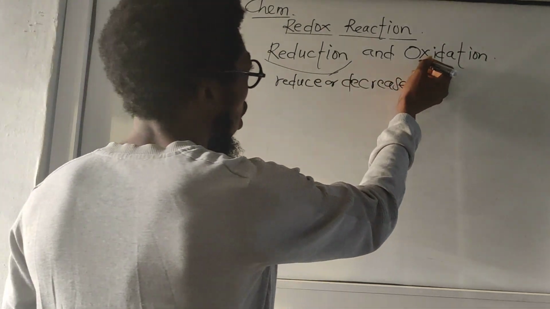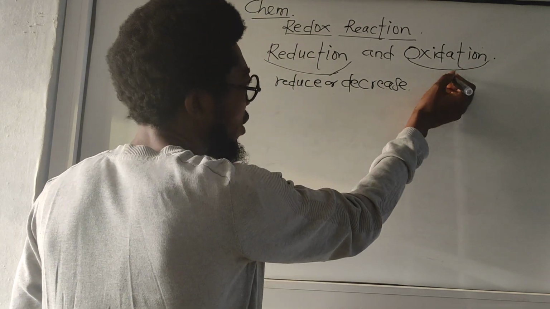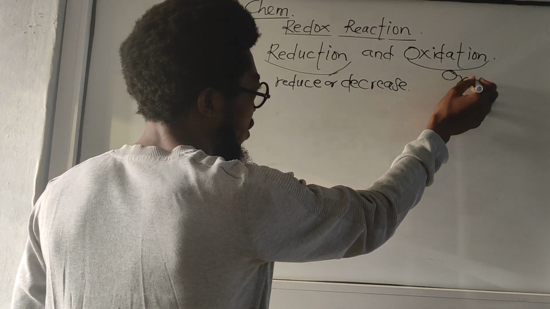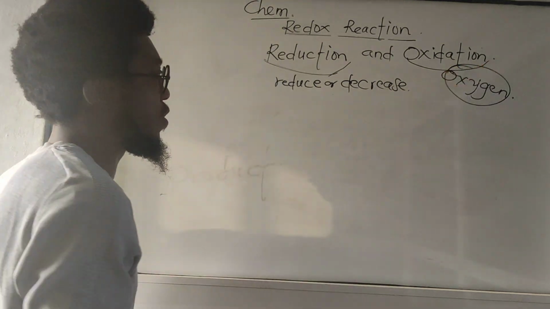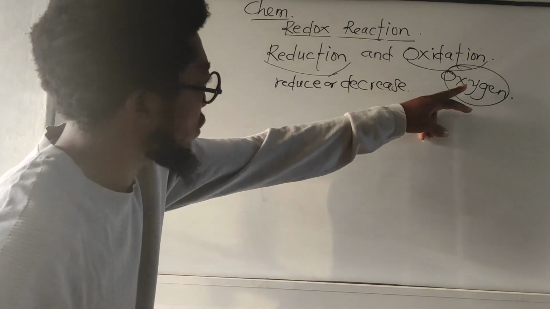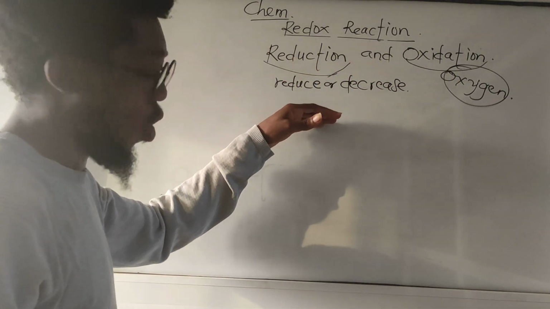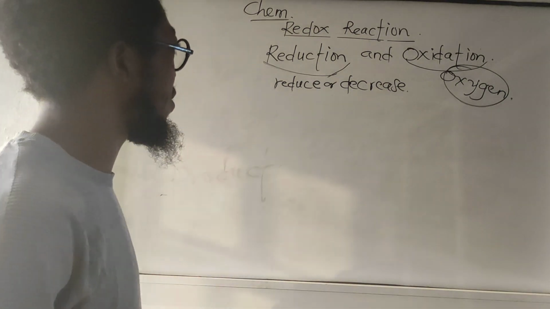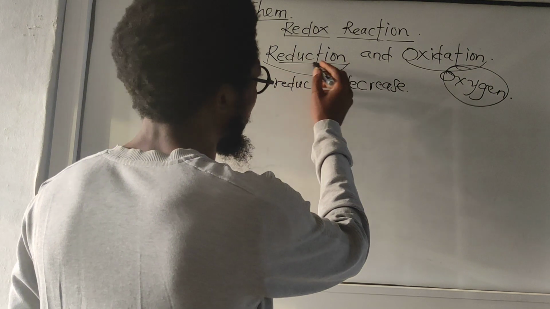Then the word oxidation comes from this element, the word oxygen. So clearly you can see that the word oxidation means oxygen, while the word reduction means to reduce or to decrease something. You can see that both of them are reactions.